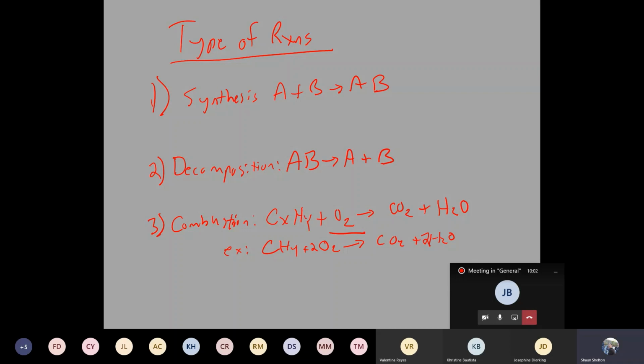Now for synthesis and decomposition, I'm going to give you an example here. A good example for synthesis would be where you're reacting titanium with chlorine gas to produce titanium tetrachloride. All these are gases. So this is an example where you have A plus B yields AB.